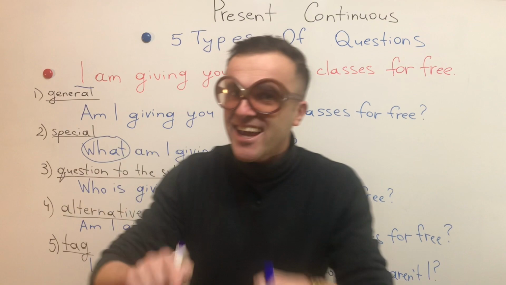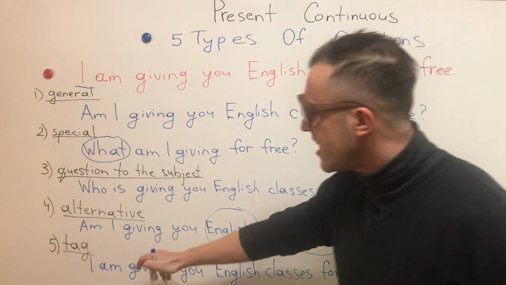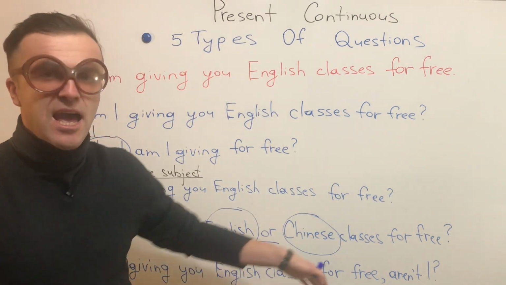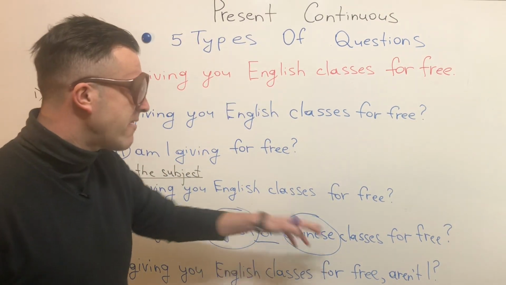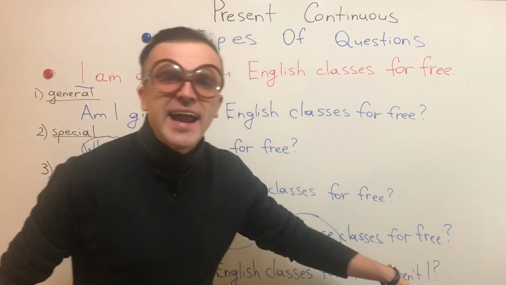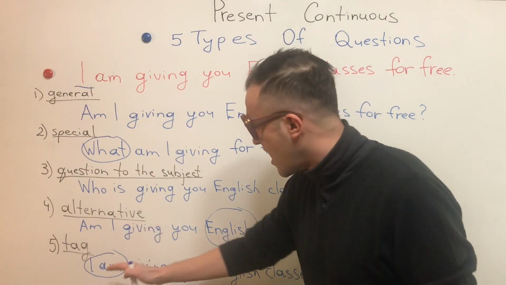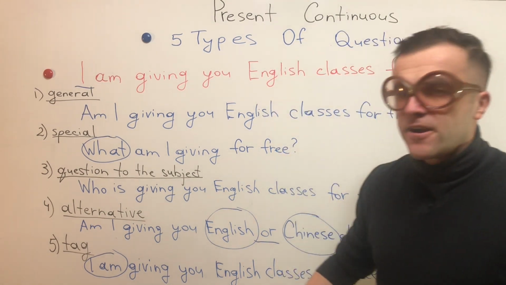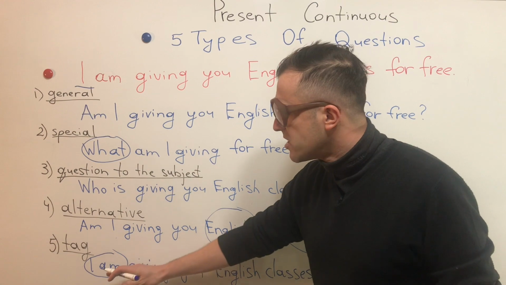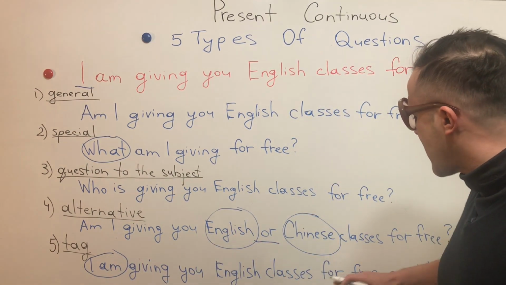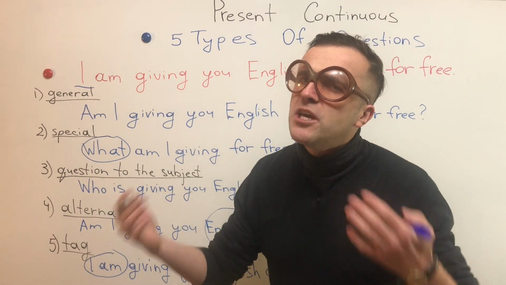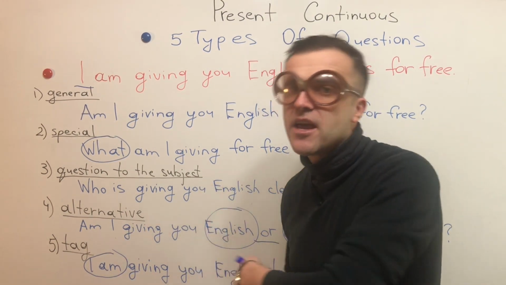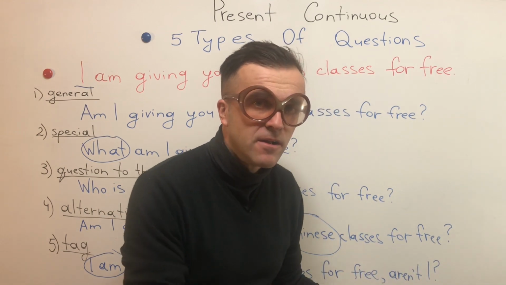But, yeah, I got you guys, because I am is an exception. Why am I not? You can say am I not, but it's old-fashioned, right? Everybody says aren't I or ain't I, okay? So, I'm giving you English classes for free, aren't I? If it were such a sentence as he is giving you English classes for free, it would be isn't he, alright? Because he is positive, isn't he is negative.